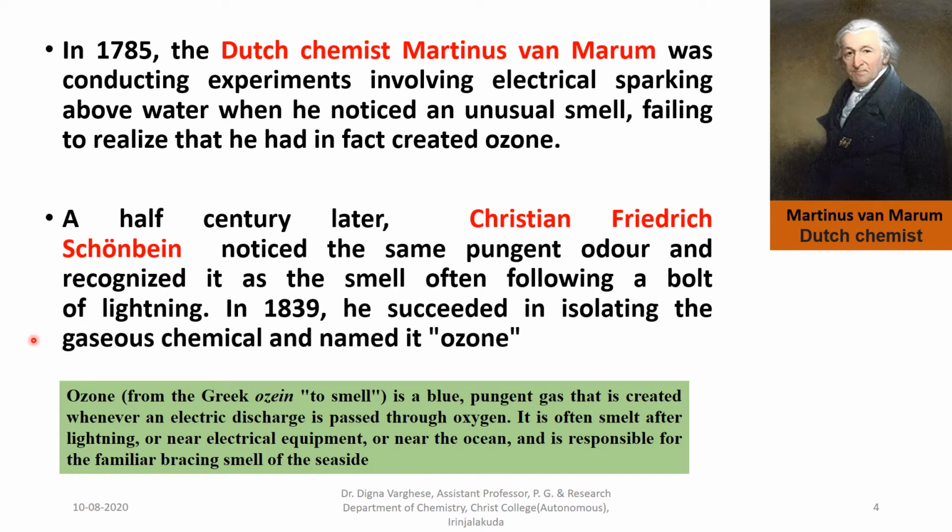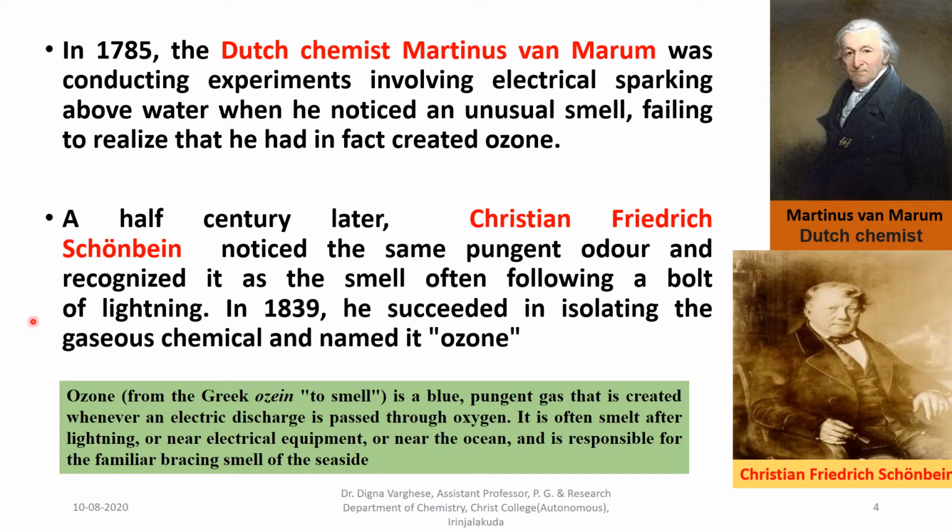A half-century later, Christian Friedrich Schonbein noticed the same pungent odor and recognized it as the smell often following a bolt of lightning. In 1839, he succeeded in isolating the gaseous chemical and named it ozone.